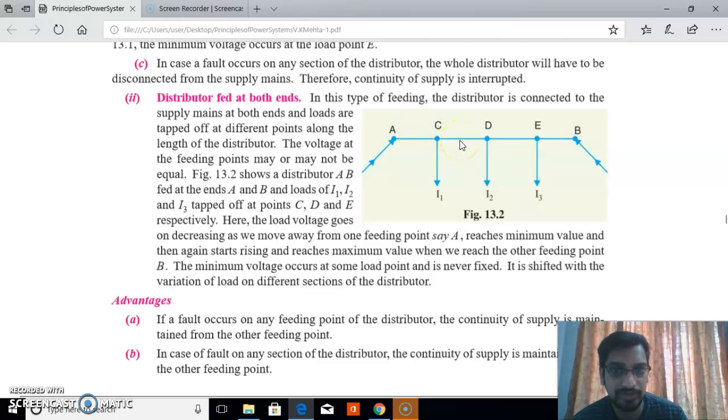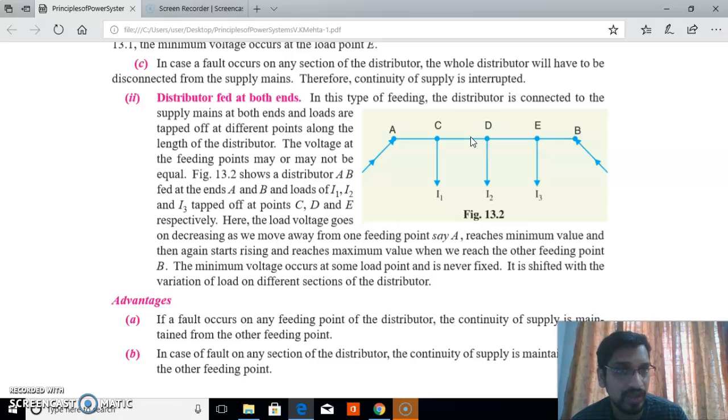So the characteristics of voltage: when we move from A to B, the voltage is decreasing up to a certain point in between A and B, and that point is known as the minimum voltage point.